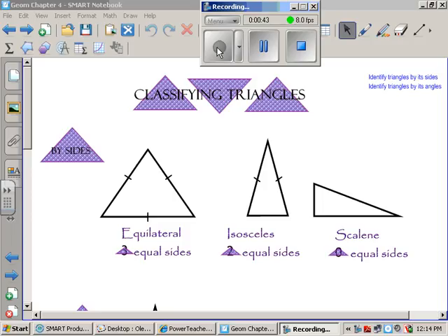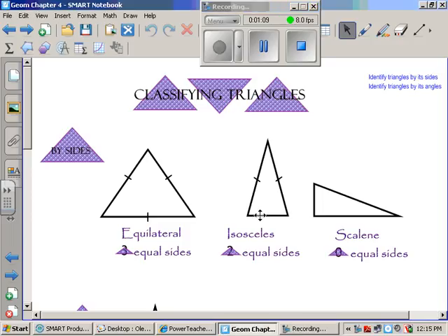If we're naming them by sides, it goes by how many sides are congruent. If all the sides are congruent, we say equilateral, because equa is the base for equal, and lateral in Latin means side, so equilateral means equal side.